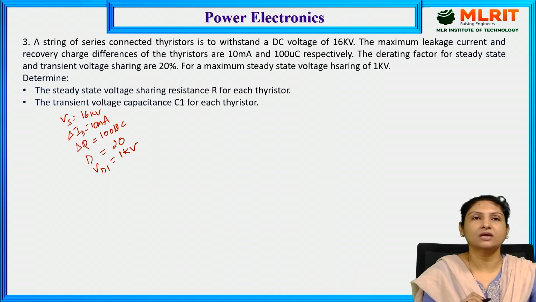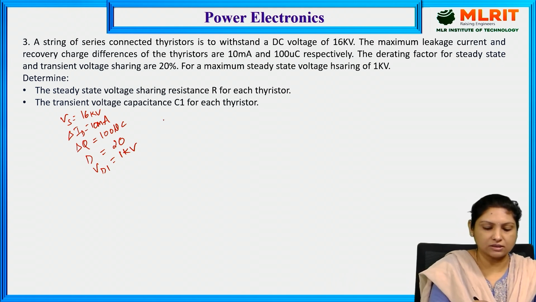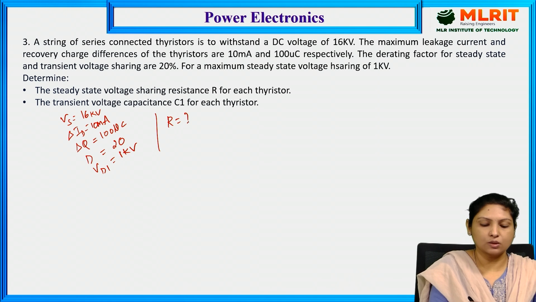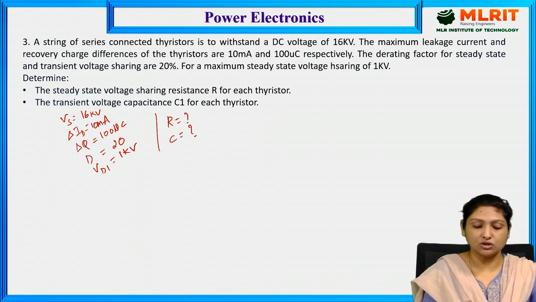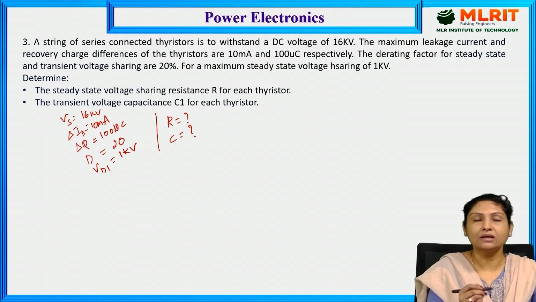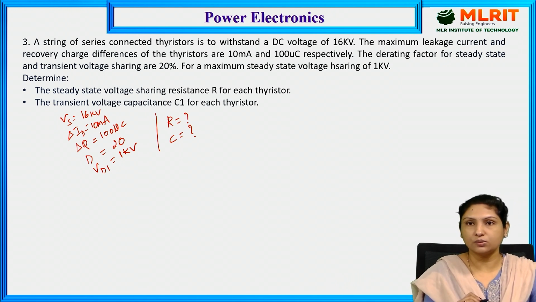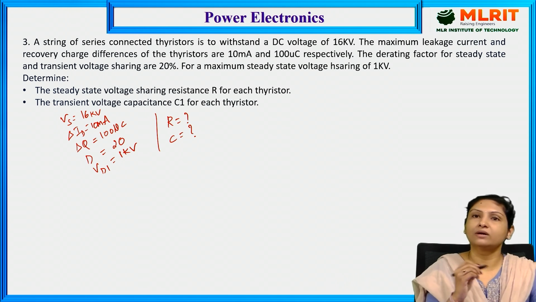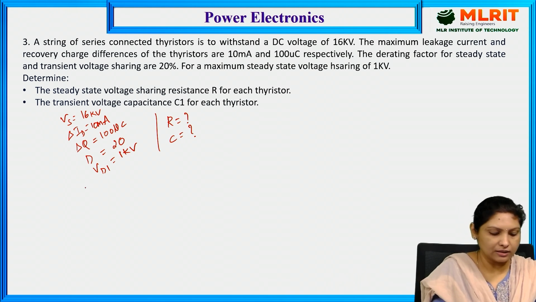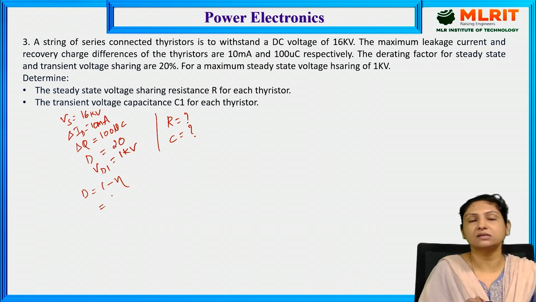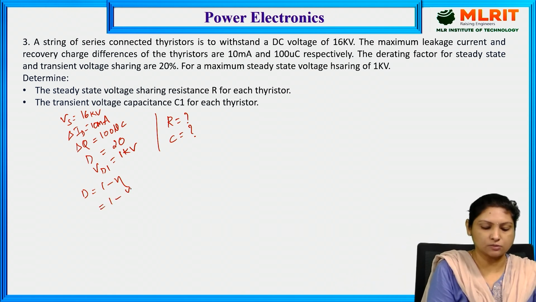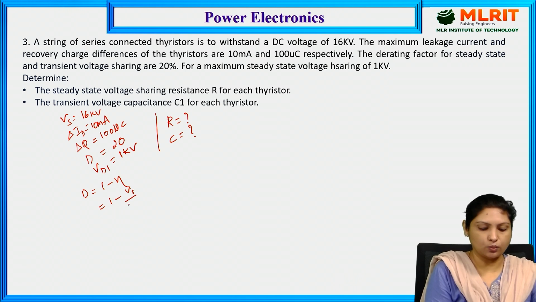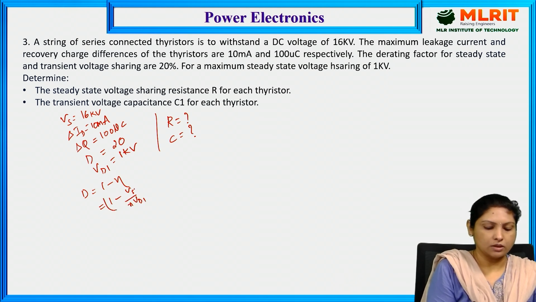And here he is asking you to find out the value of the resistance as well as the suitable value of the capacitance. In order to calculate R, we need the value of N, right? So let us find out the value of N from the derating factor, which is given by 1 minus string efficiency, and this is a series connected string, given by 1 minus Vs by N into VD1 into 100.